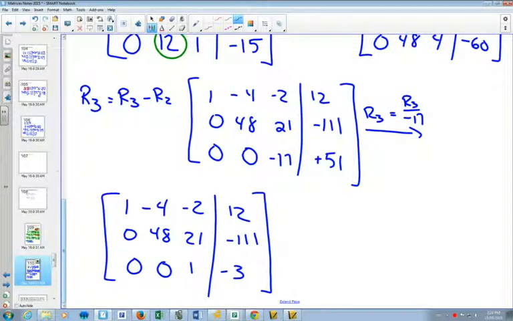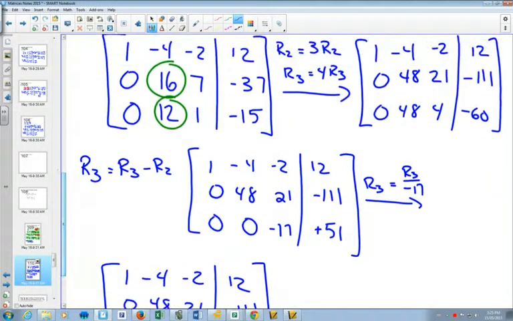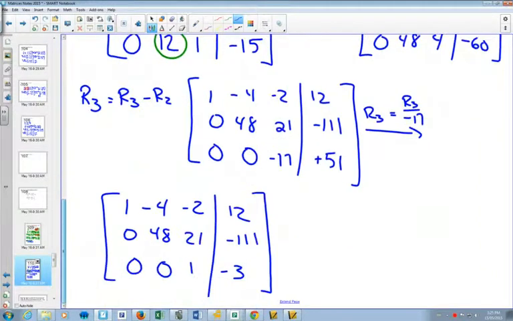Now, if you wanted to, you could take row 2 and divide it by 3 again, to get back to those smaller numbers, because we multiplied it here by 3. We took row 2 and multiplied it by 3 so that it would be easier for us to cancel out. If we wanted to revert back to what we had with the 16, 7 and negative 37, we could do that. And that might make it a little bit smaller numbers going forward. So I'm going to just erase these and revert that back to the 16, 7 and negative 37 that we had before.